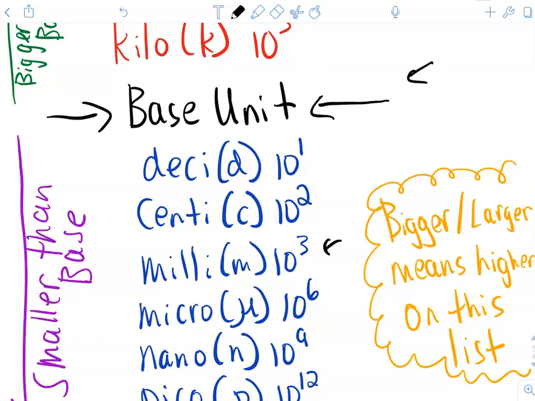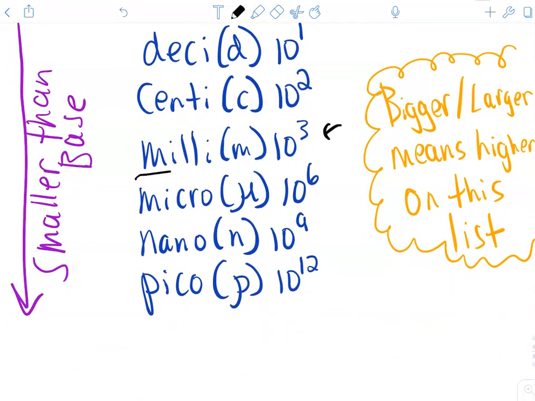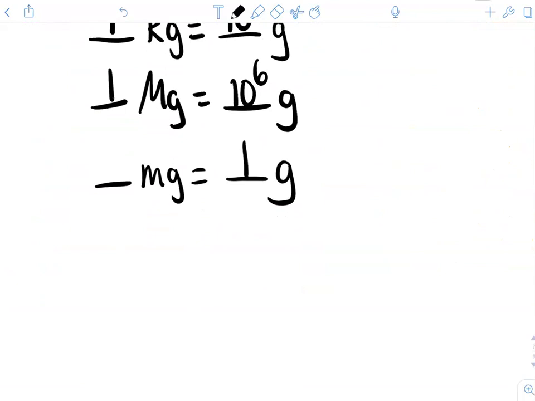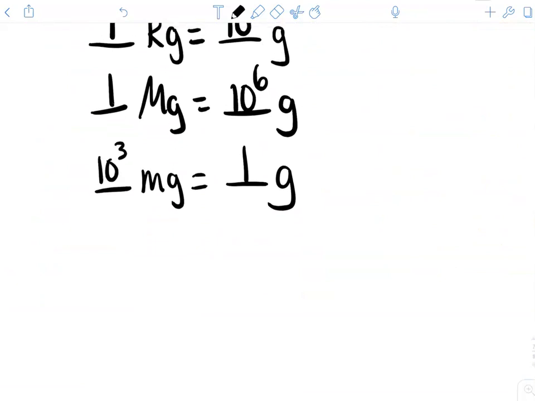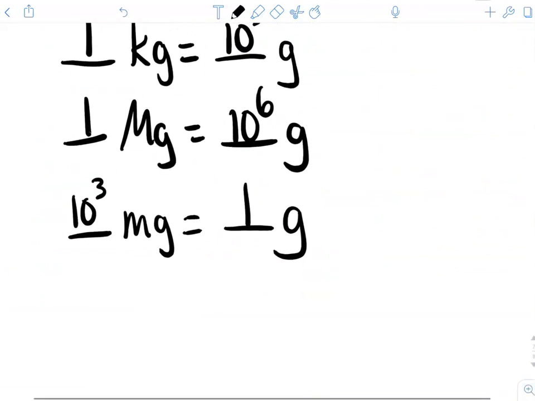So in this case, we're going to be looking at milli, and its factor is 10 to the third. Because if you remember, milli, for milligrams, you are 1,000 times smaller than your base unit. So what we're saying is that this smaller unit, it's going to take more of it to be an equivalent measure of your bigger unit.